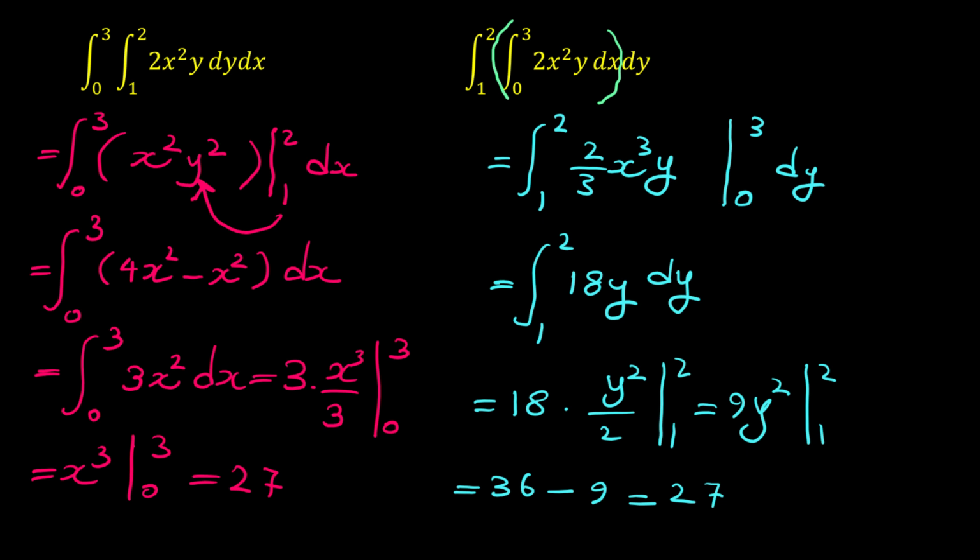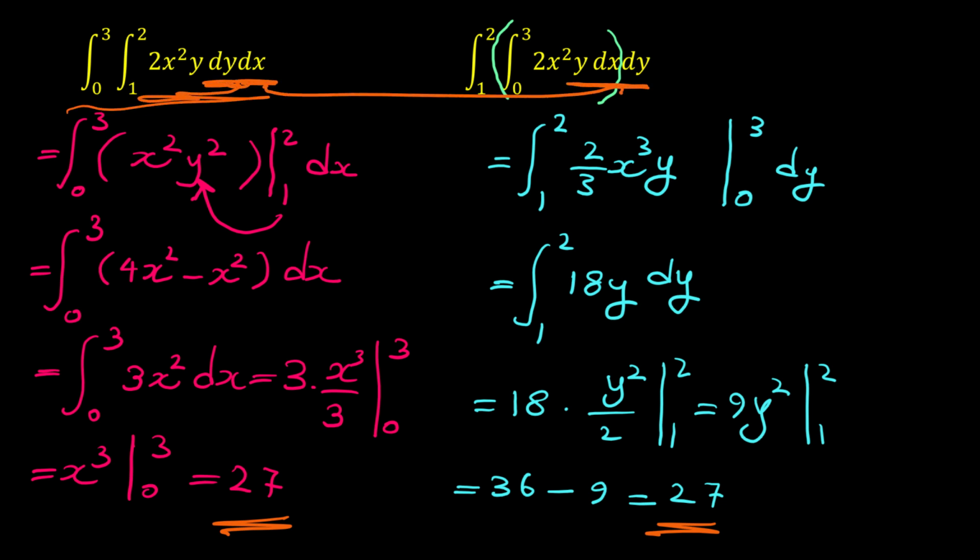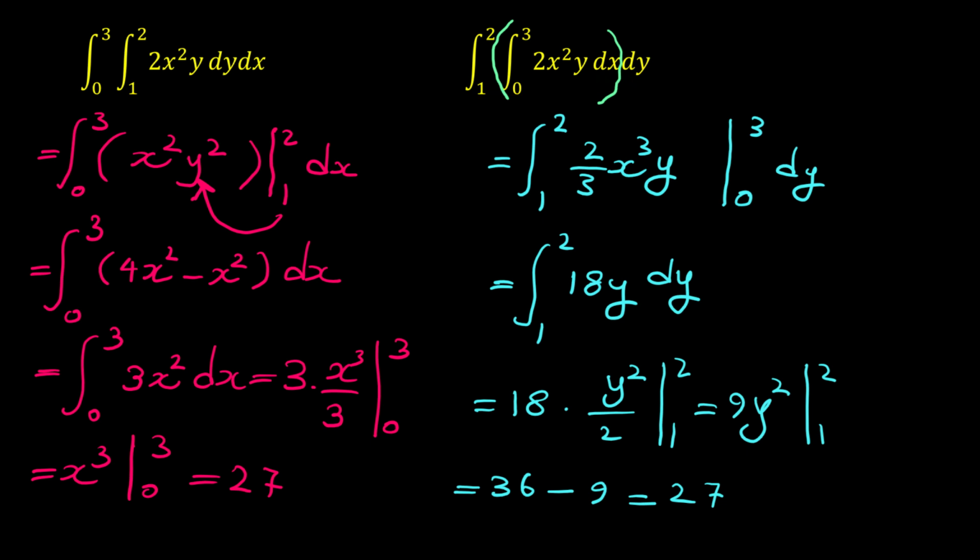Please notice that the answer that we got from integration of the function with respect to y, then with respect to x, is the same as the answer that we got from integration with respect to x, then with respect to y. Is this by chance, and does it happen only in this example?